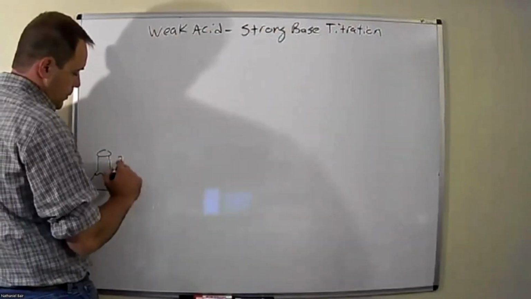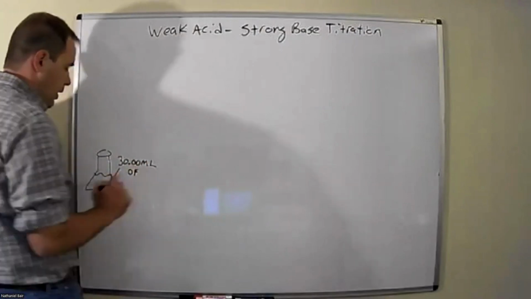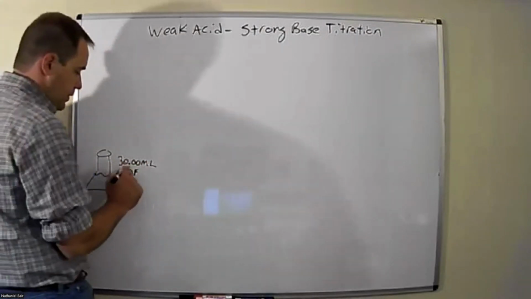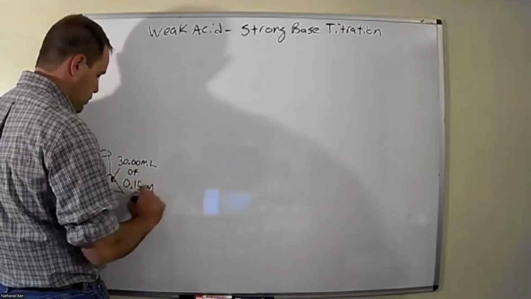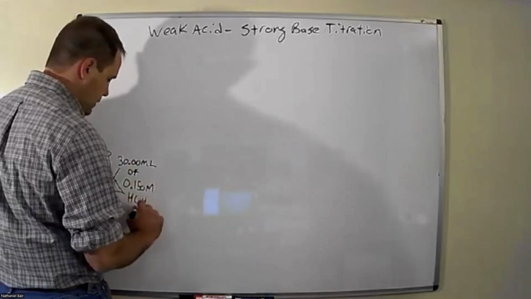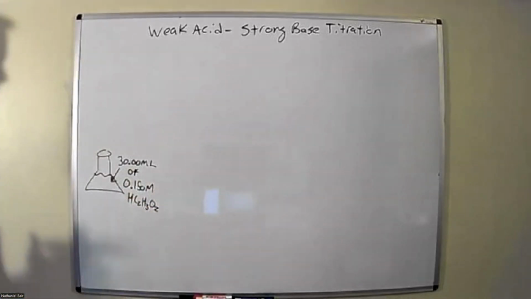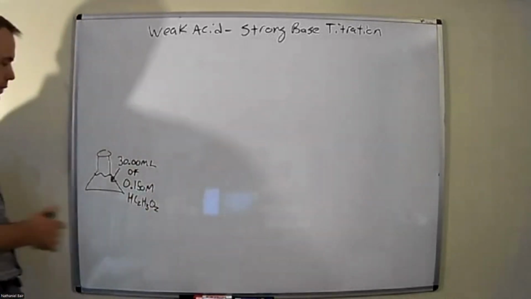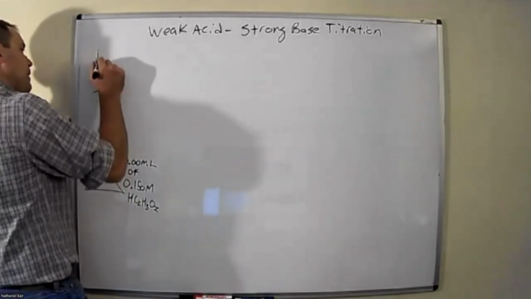Let's say this time we have 30 mL of, I don't know, how about 0.150 molar acetic acid. That's the weak acid you'll be using in the lab tomorrow. Different concentration, but whatever. And let's titrate it with a strong base.